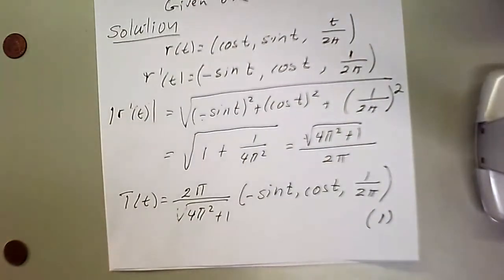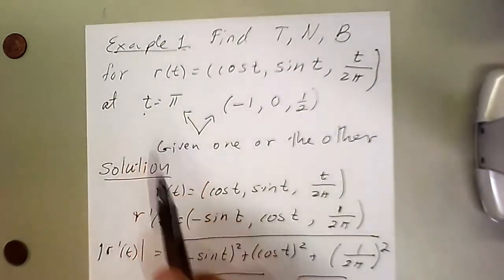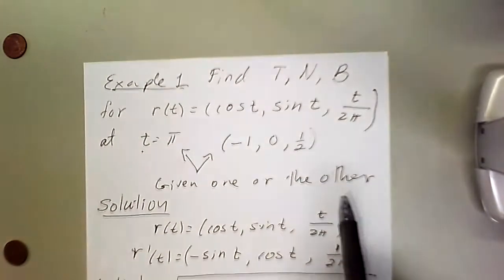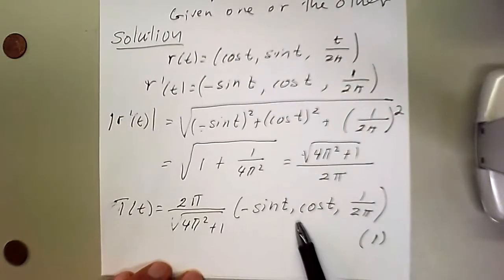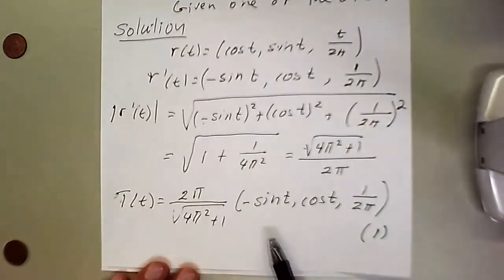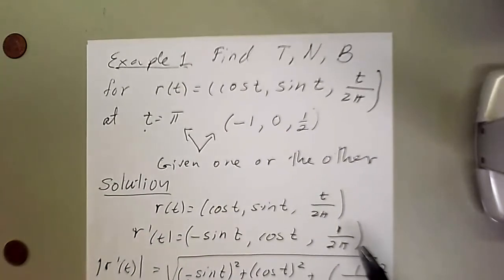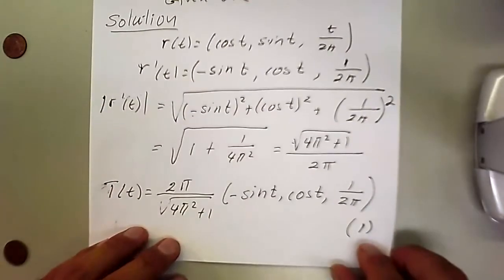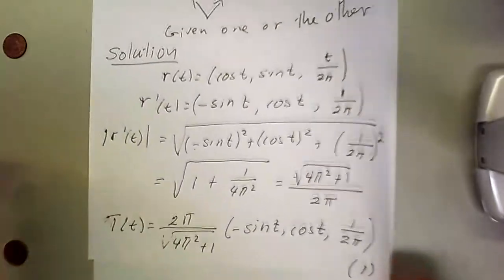We're going to come back to it later, as we plug in t, so we can find our tangent vector. We could plug in the t value now and put that vector to the side, or we can continue with our formulas. I think it is probably a good idea to continue with the formulas. So let's move on.